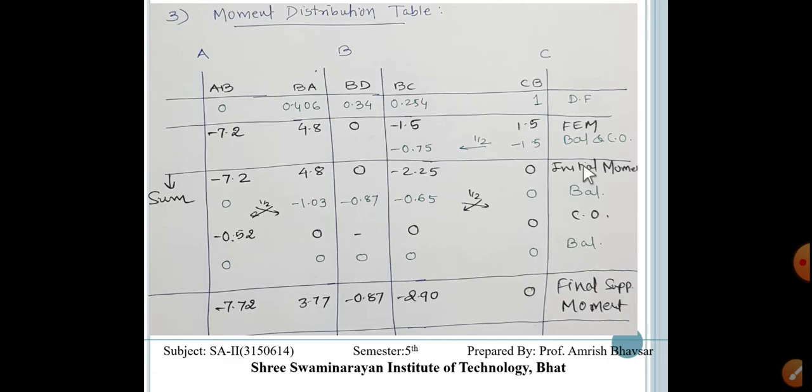Now we have to sum all these moments, and we get minus 7.72 at A to B, here 3.77 at B to A, minus 0.87 at B to D, and minus 2.90 at B to C, and it is 0 at C. These support moments are important for us to draw the bending moment diagram, right?